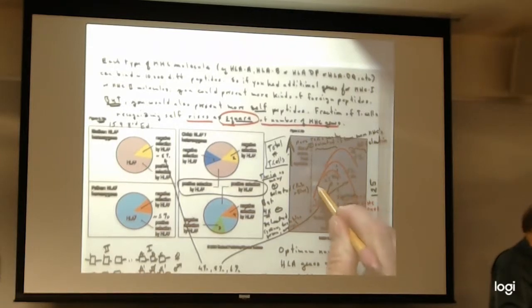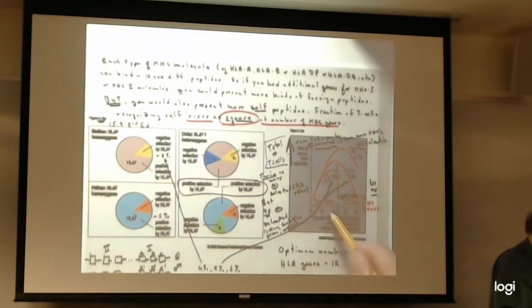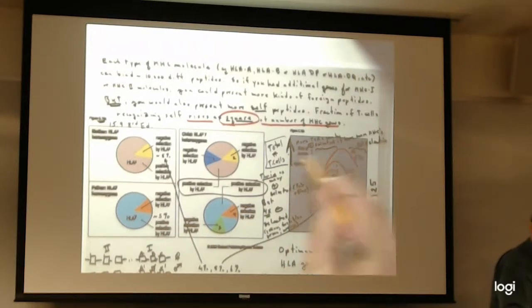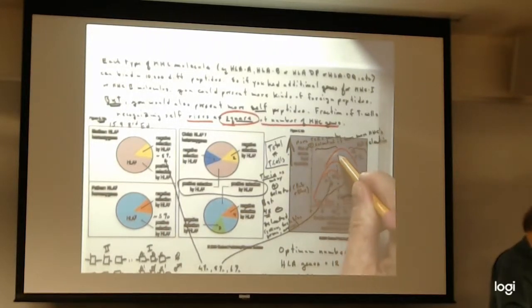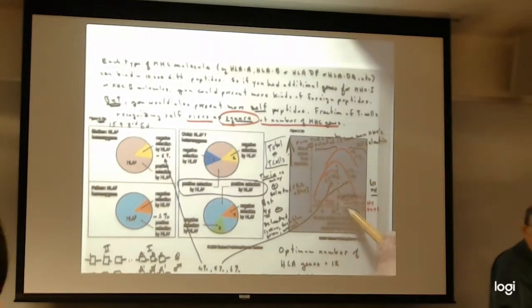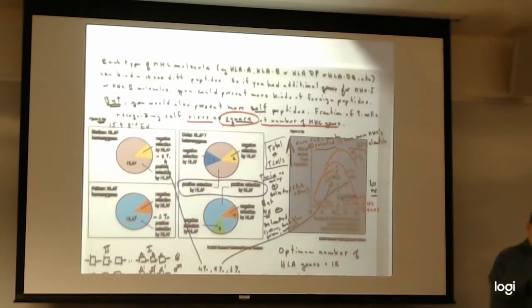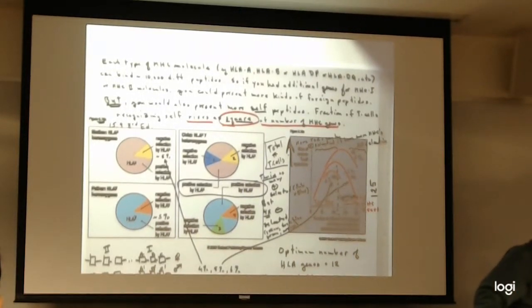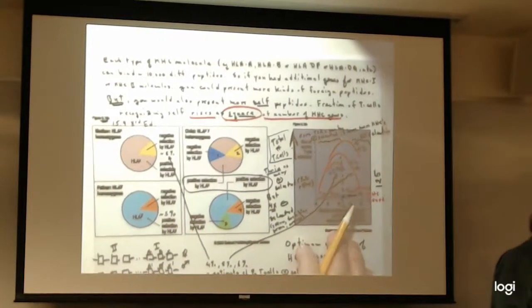If you have just the right number of MHC genes, you could have an optimal population of T cells, even considering negative selection and so forth. But as you start getting even more MHC genes, you have fewer and fewer cells in circulation because they're being slaughtered by negative selection. Too many MHC genes present too many self-peptides, and it overall affects the functional number of T cells you have. So that's the argument that's made here.